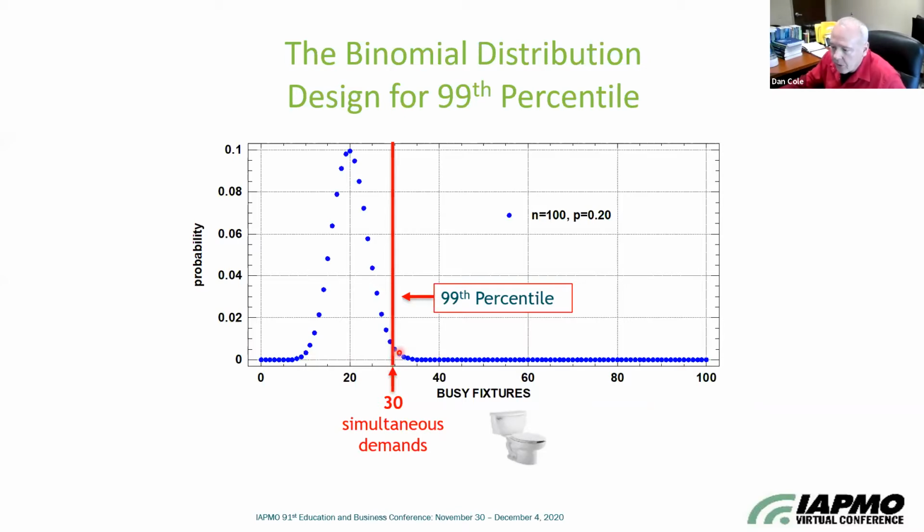And you see that it moves closer to zero. There's almost a 0% chance that more than 2 or 3 above 30 will be on at the same time. So this was a pretty good confident level to choose from for design purposes. So out of 100 fixtures, you would design for 30 to be on at the same time.